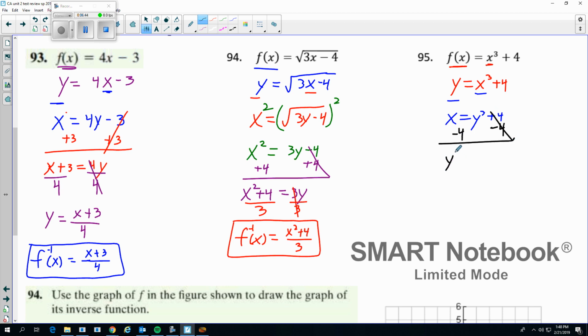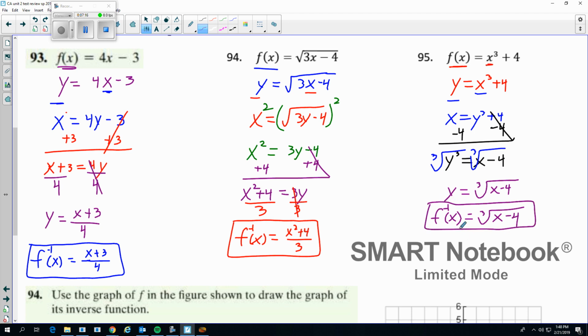That cancels out, so we end up with y cubed equals x minus 4. Then to get rid of the cube power, we take the cube root of both sides. This simplifies down into y equals the cube root of x minus 4. Once again, using our function notation for inverse functions, cube root of x minus 4 right there.